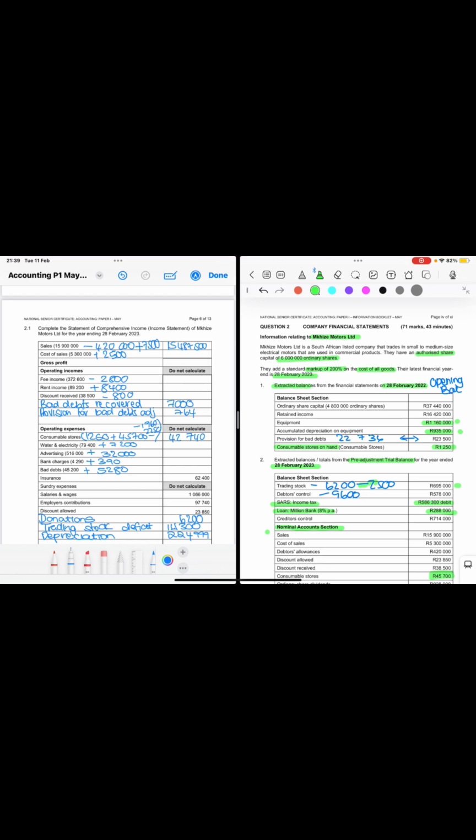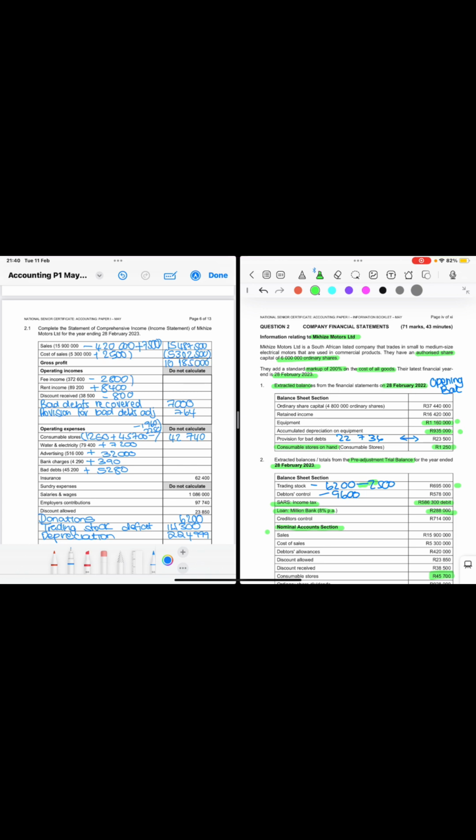For cost of sales, we just have 5,300,000 plus 2,500, so that'll be 5,302,500, and we'll be subtracting that from the 15 million to give us 10,185,000.